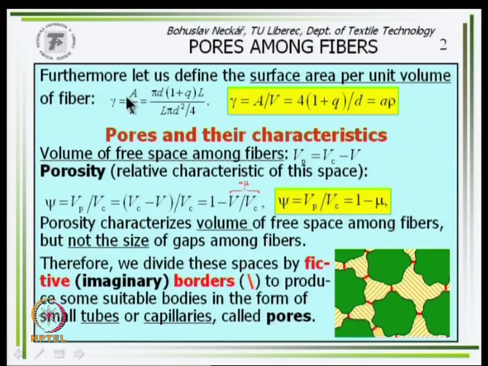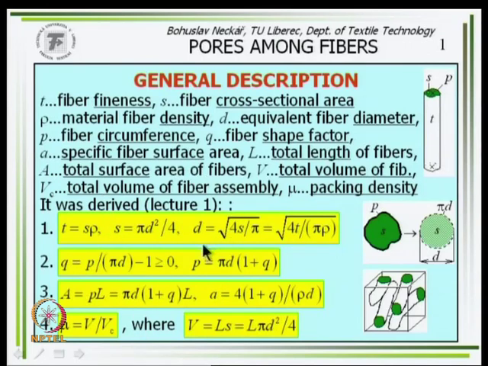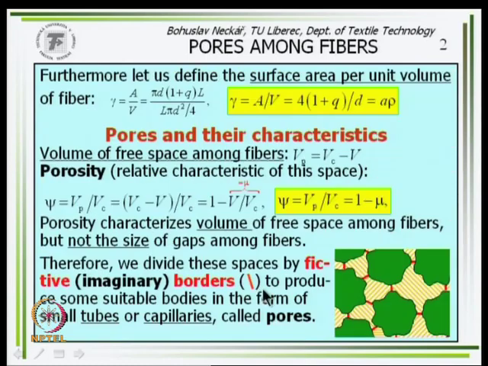The surface area of fibers in our fibrous assembly, we said, is πd times (1 plus q) times L, and the volume of fibers is πd² by 4, the cross-section, times L. From this, gamma, which is A by V, is given by such an expression, and in comparison to A, the specific fiber surface area, you can see that the surface per unit volume is the specific fiber surface area times ρ.